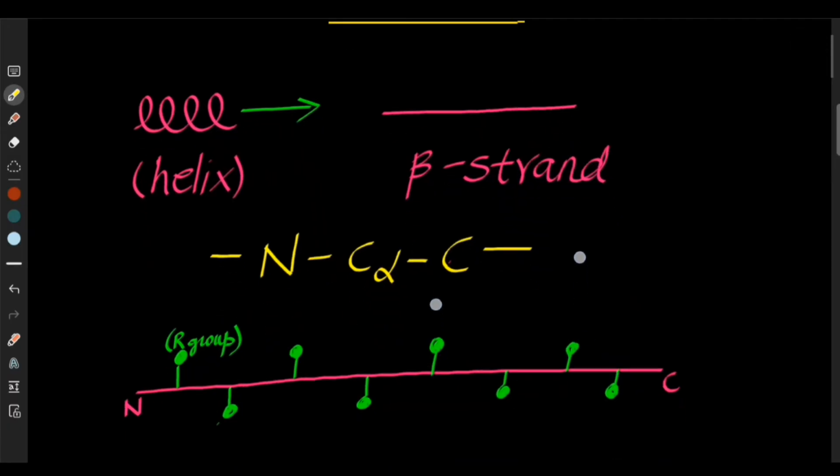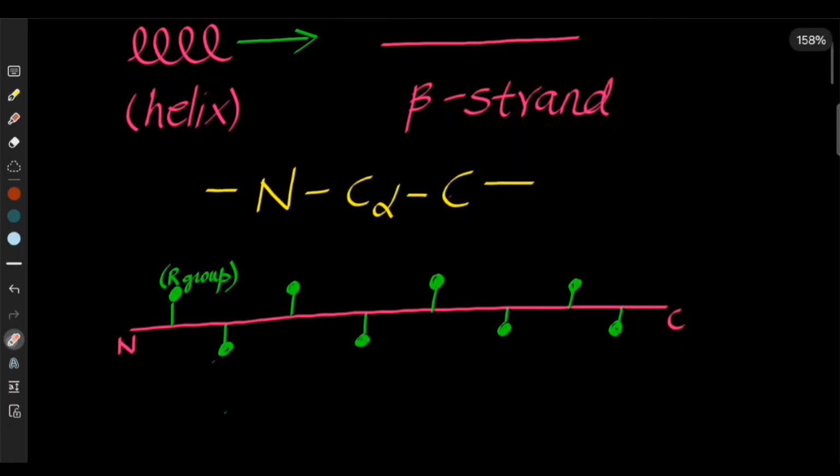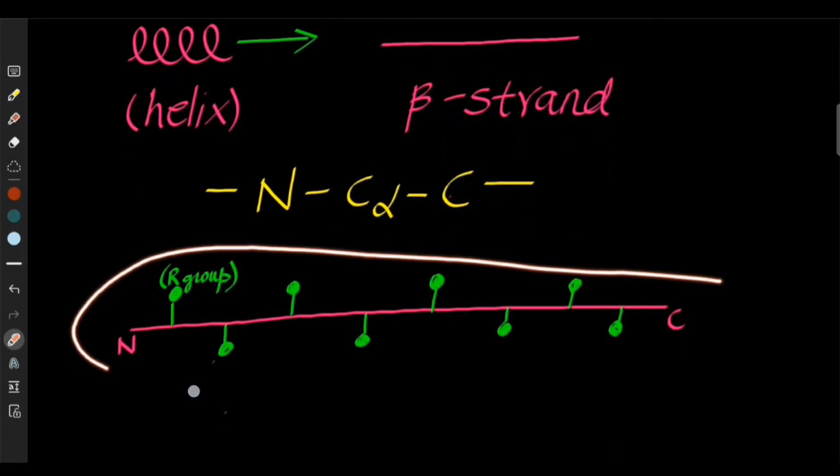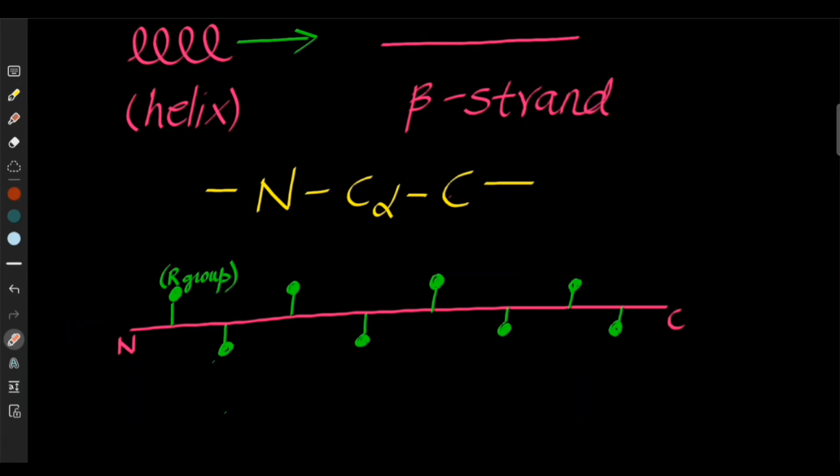So now let us see how a beta strand looks. As you can see, this is an extended version of a beta strand. We have an N group towards the left side, and a carboxylic group towards the right side. As you can see, the R groups present in each and every amino acid are pointed outwards.